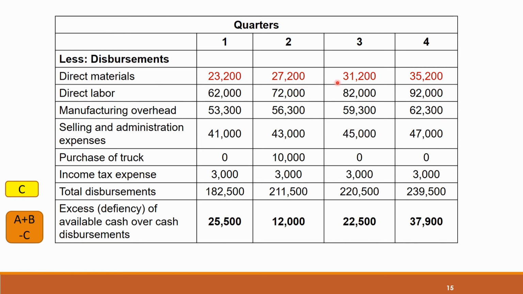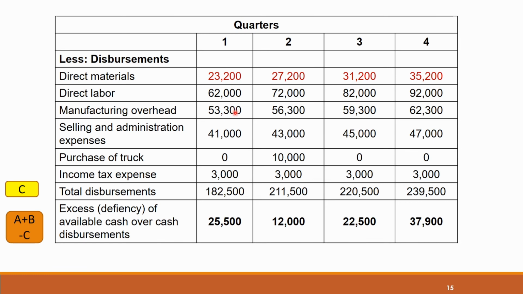The third one, 31,200. And the fourth one, you can write down the answer directly for every quarter. And the next payment, we have to pay for direct labor given in the question. So just write down for the first quarter, 62,000. The second one, 72,000. The third one and the fourth one. But I just want to focus only on the first quarter.